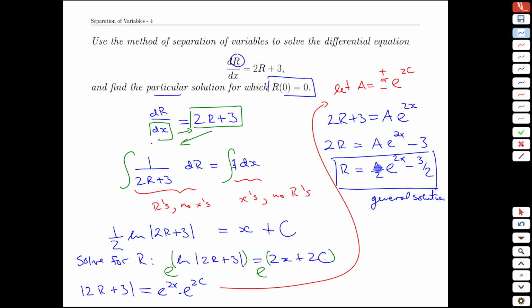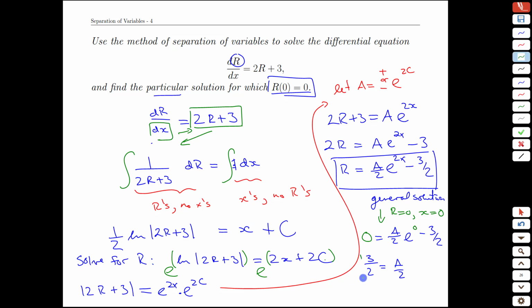This is a family of solutions. If we change a, we get a different formula. The last thing we might want to do is figure out what the a value is to match the initial condition, 0 and 0. So r equals 0 when x equals 0. That'll give 0 equals a over 2 e to the 0 minus 3 halves. Bring that over. We get 3 halves equals a over 2, or actually that's exactly what we want.